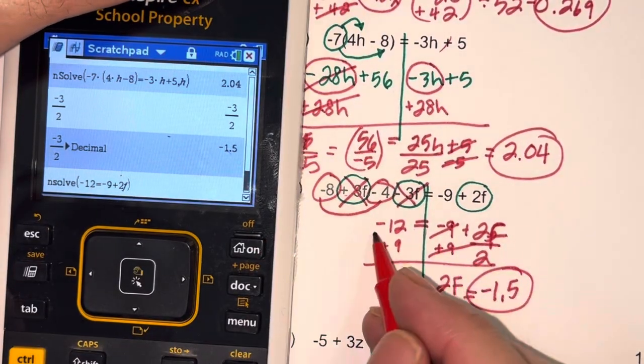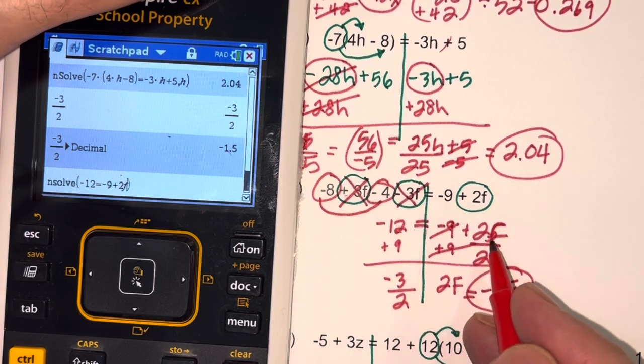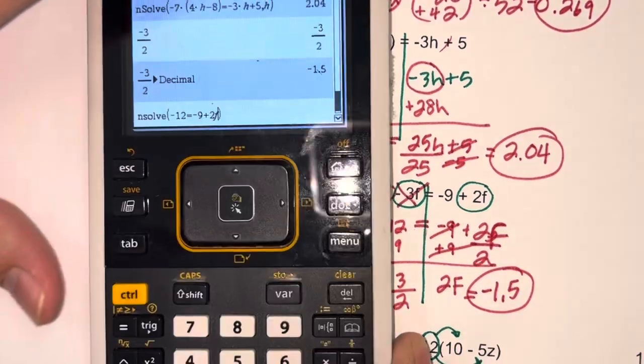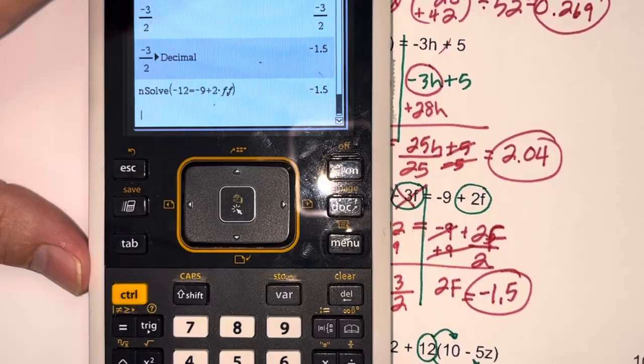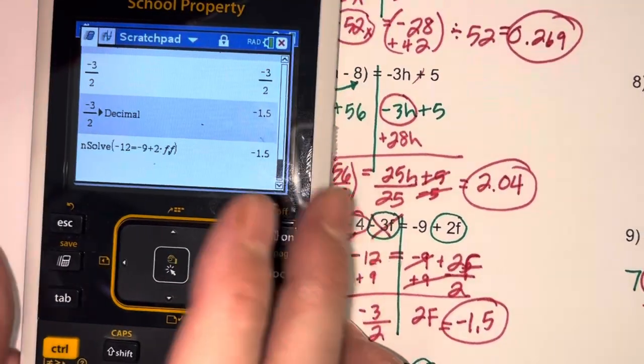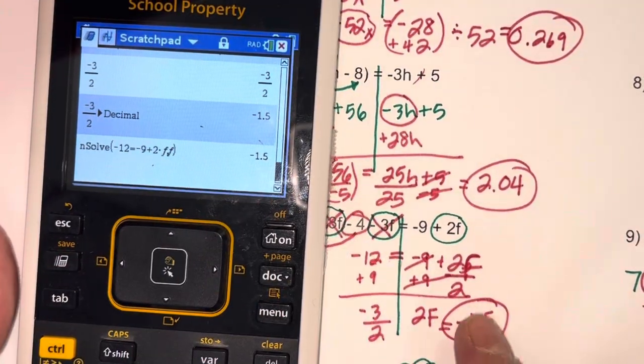So let's make sure we got it. -12 equals -9 plus 2f. And then comma, solve for f. Close out the parentheses, make sure we're good, and then hit enter. And even if we do it that way, we're still going to come up with the same answer.